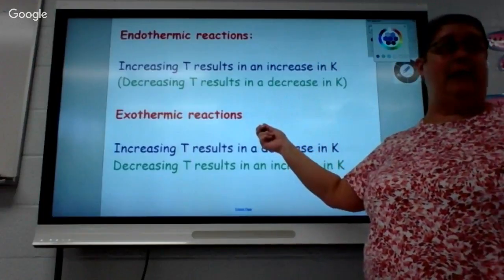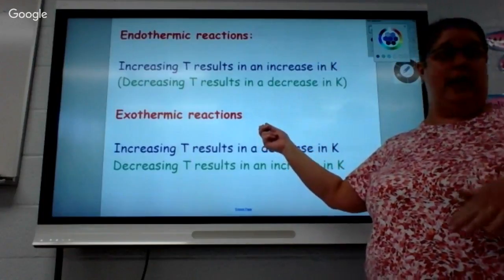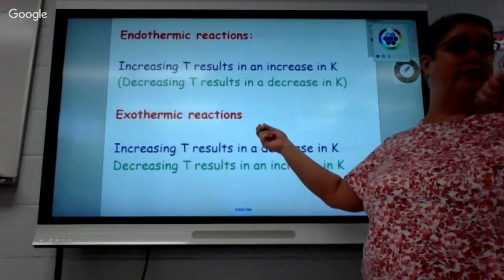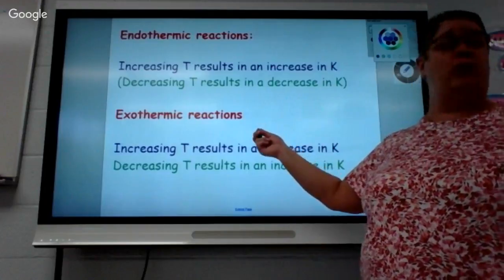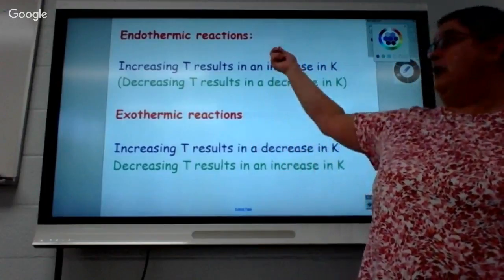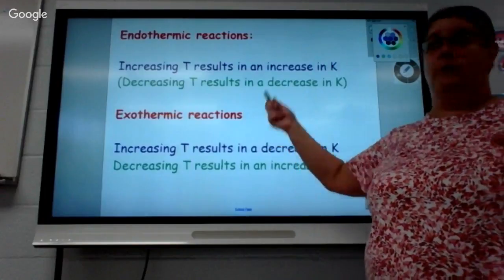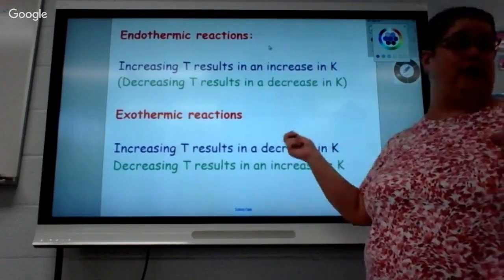Those of you who would one day have to take college chemistry, like Destiny who wants to go to nursing school, your college professors will make you memorize these rules. This is not part of our curriculum, so I'm not making you memorize these rules.